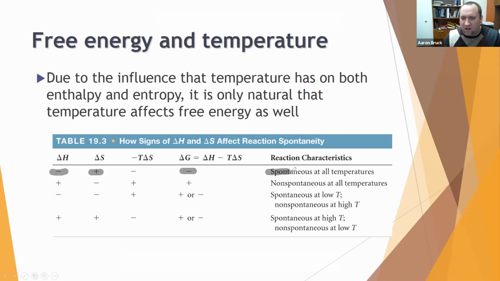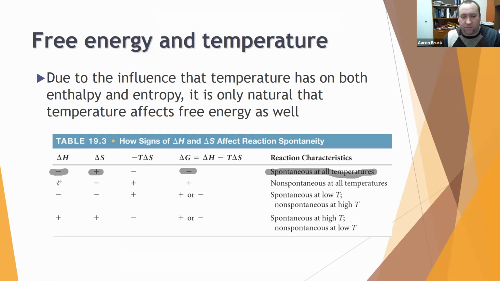And that means that we're going to see a reaction that is always going to be spontaneous, regardless of our temperature conditions. That should make some sense, right? The enthalpy says go. The entropy says go. If neither of them is going to contradict the other, the reaction's going to go.